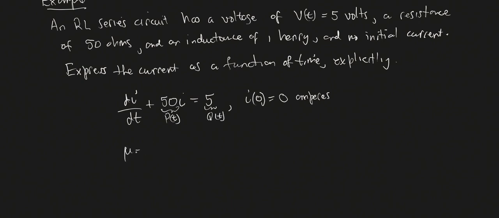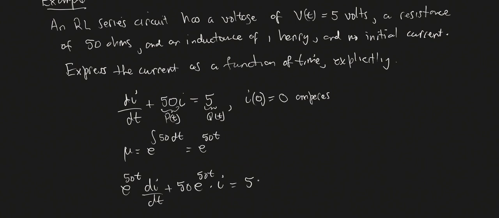So our integrating factor is e to the integral of 50 dt, so we have e to the 50t. Multiplying through by e to the 50t, we end up with e to the 50t di/dt plus 50 e to the 50t times I. On this side, we have 50e to the 50t.